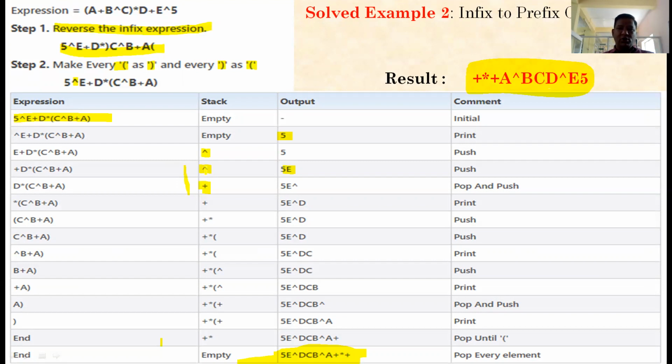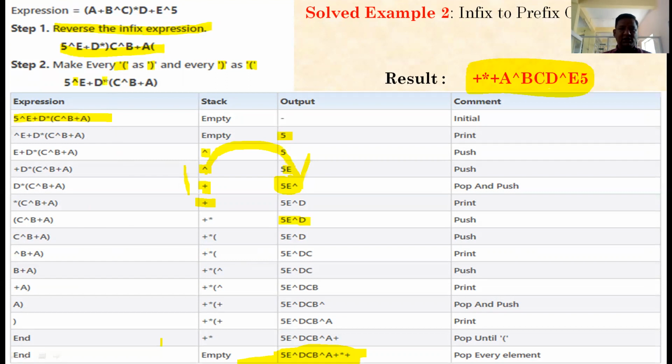So what will we do? We'll pop exponential from the top of the stack and add it to the postfix expression. Here you can see it. There is no more content left in the stack, hence plus can be added on the top of the stack. Next thing is D. Whenever D is encountered, we know that it is an operand, so it will be added to the postfix expression.